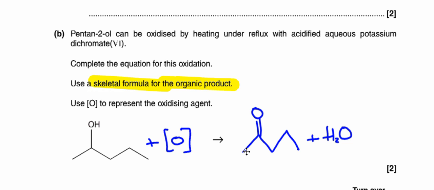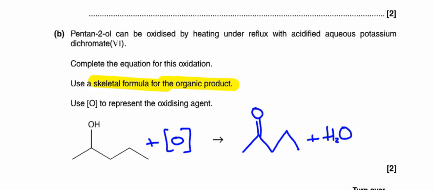Notice the way we've done that. 1, 2, 3, 4, 5 carbons. The H is coming off here, and it's being replaced by a double bond O. You've actually got two H's that come off, one from here that you can't see in the skeletal formula, to produce the water with your [O] in square brackets, and you produce a ketone. Secondary alcohols, [O] in square brackets, ketone plus water.